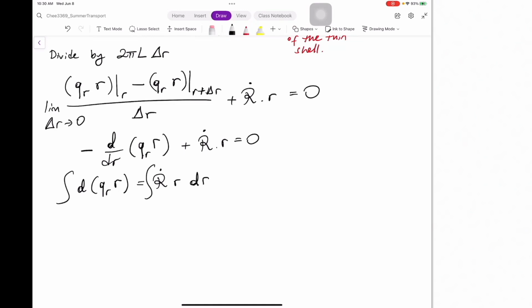And so you have q_r r is equal to fancy R times the integral of r dr, which is r squared over 2, plus there's always some constant to be estimated using the boundary conditions.